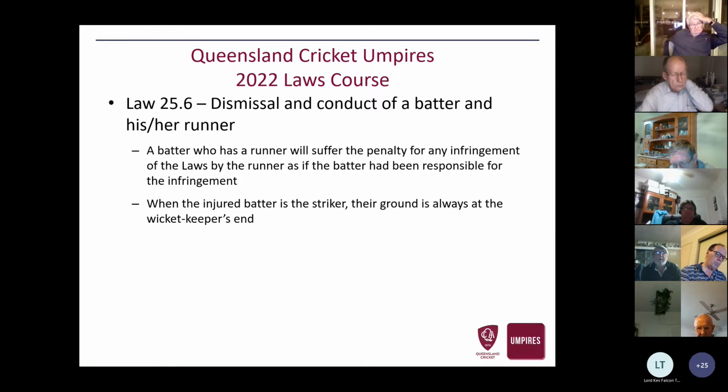If the striker who has a runner is in their ground, but the runner is out of their ground at the wicketkeeper's end, obviously they're out, run out. And if the striker who has a runner is out of their ground and the wicket at the wicketkeeper's end is fairly put down, the striker is liable to run out under run out or stumped laws.